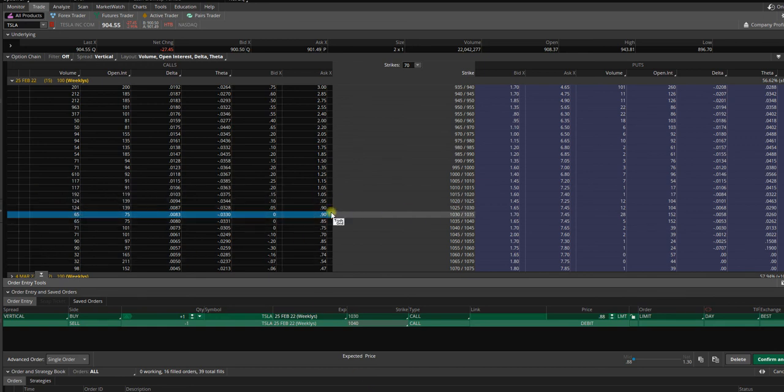So if we do the 1030, 1035, same general idea, this one's decaying at 3 cents per day, with a delta losing less than a penny. So we would be losing 3 cents, but the iron condor would be making 30 cents. So in this regard, it would be 27 cents profit per day if you took the bull call pairing out of the money and the iron condor, sell to open.